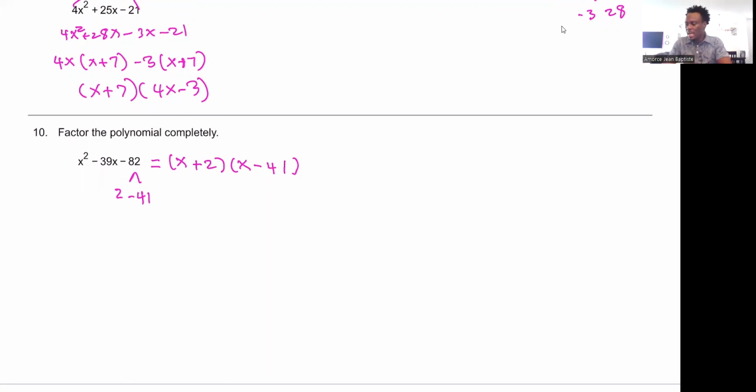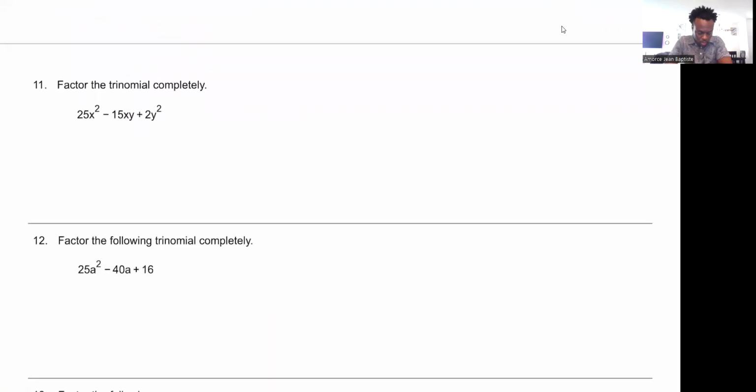Now we want to go to the next problem. Number 11.